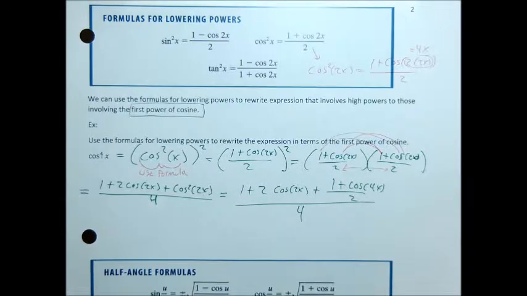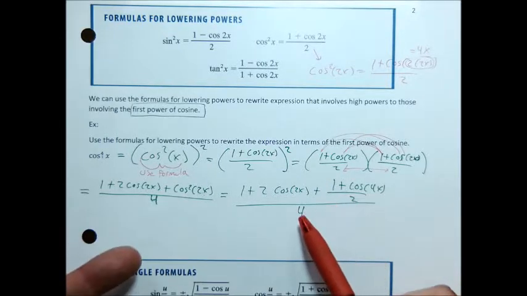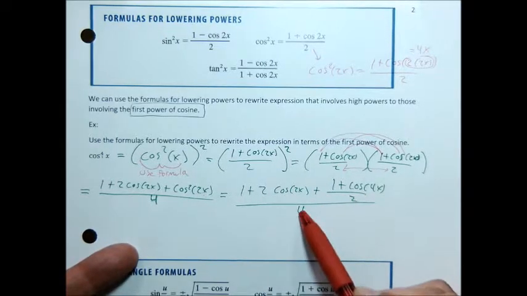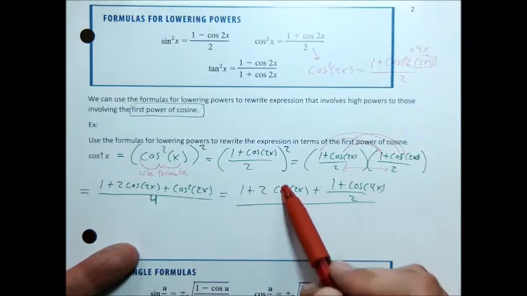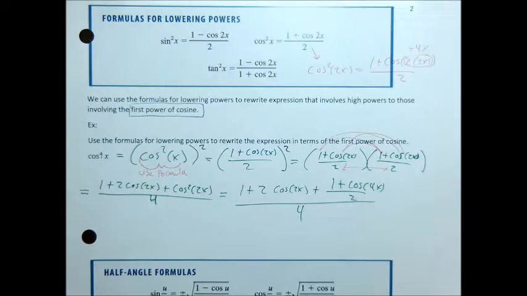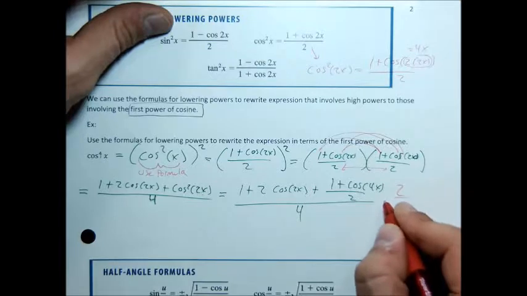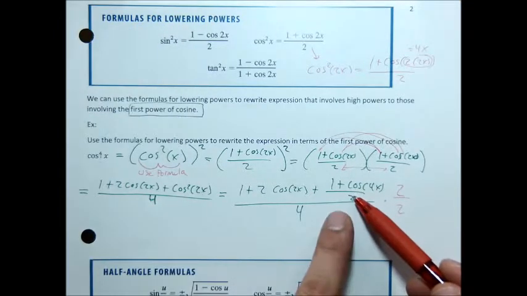We could also try to add the top together, or we could split this up into 3 separate things. We could divide the 1 by 4, we could divide the 2 cosine 2x by 4, and we could divide this thing by 4 too. There's 3 approaches here. The easiest, quickest way to do it is just multiply by the common denominator of 2, right? This is a common denominator right here.